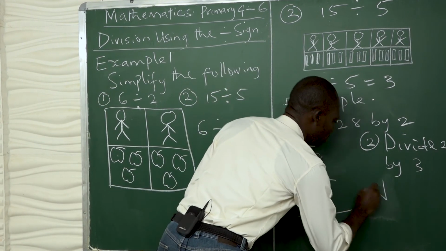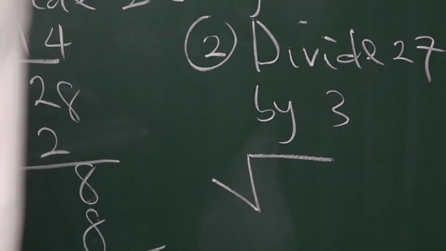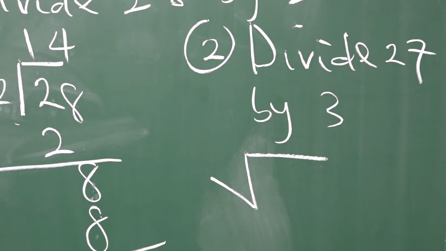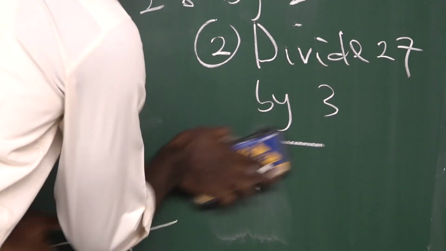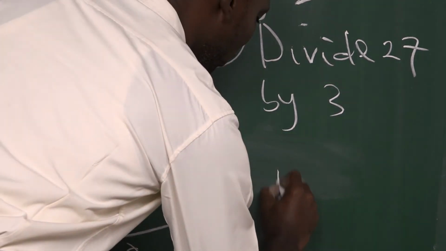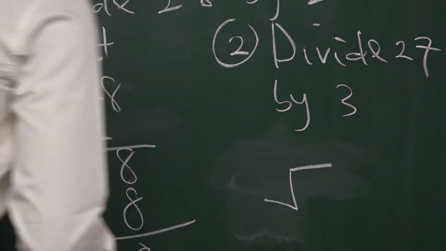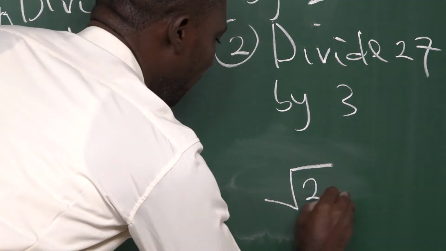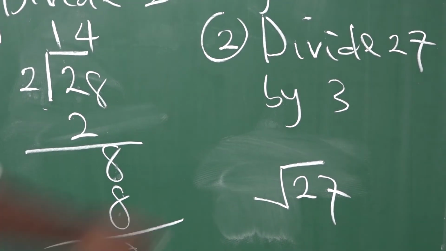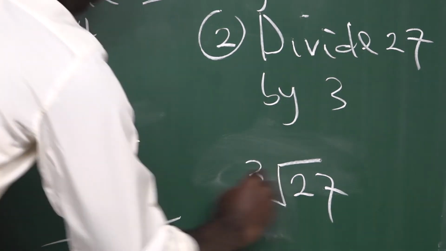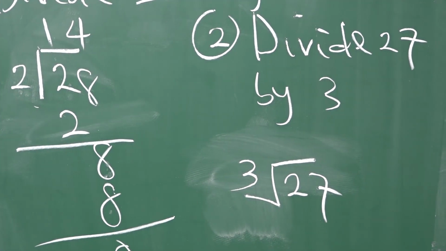Sometimes it is drawn like this. Whichever way, it's okay. So we have our 27 here. And like I told you, this 3 will be outside, just the way we brought these 2 out.